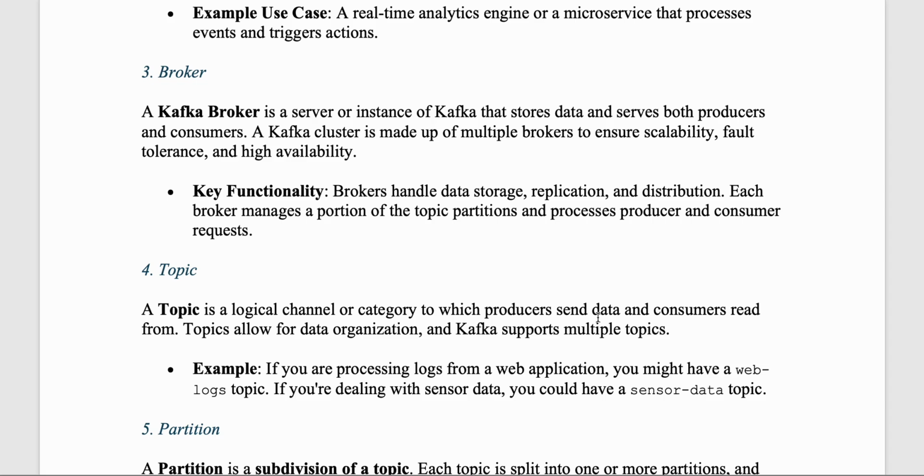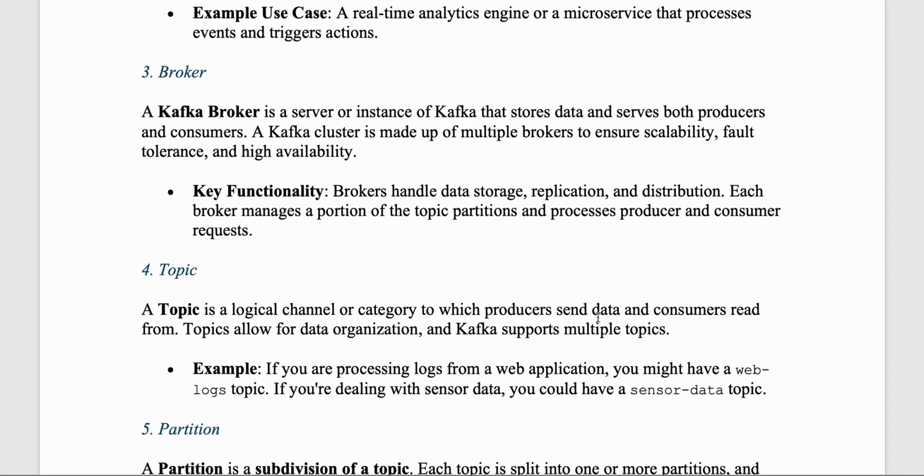Topics allow for data organization, and Kafka supports multiple topics. Topics are domain specific. Suppose it's a web-based topic, or sensor data has a sensor topic, finance data has a finance topic, marketing data has a marketing topic, sales data has a sales topic.